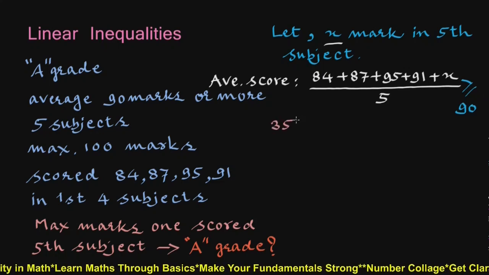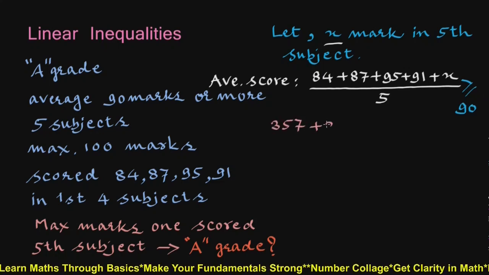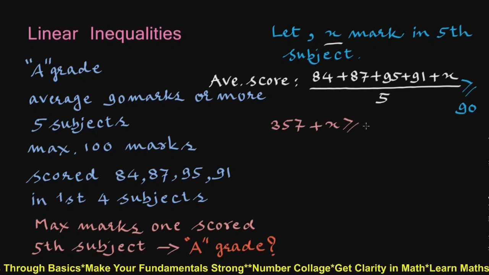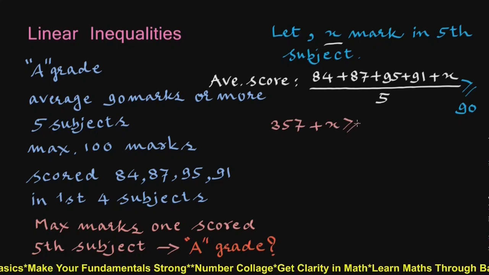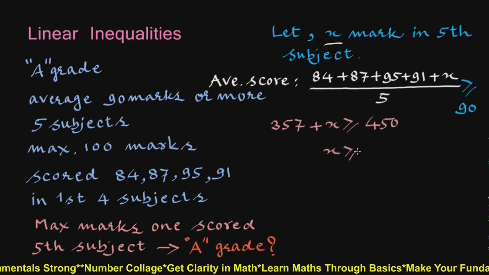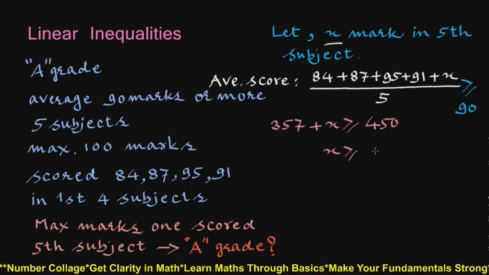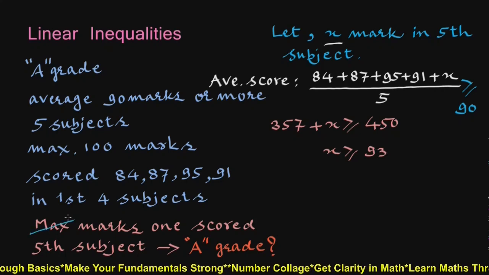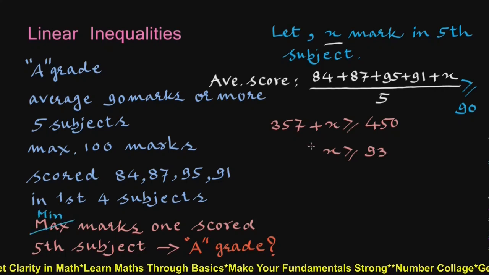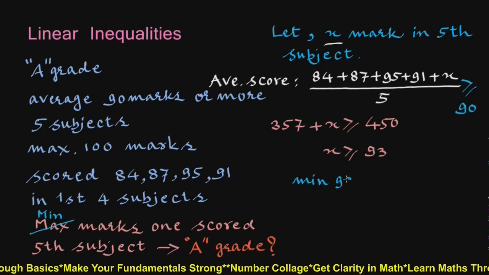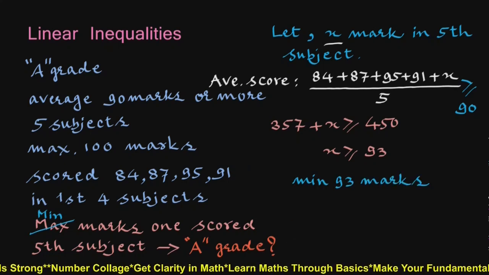This will be 357 plus x greater than or equal to 90 into 5, 450. x greater than or equal to 450 minus 357, 93. So the minimum marks to be scored would be 93 to obtain the A grade.